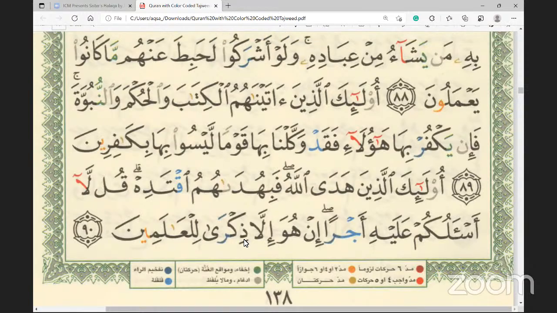Notice that thickness. In huwa illa dhikra lil-alamin. Again, that extension right there.